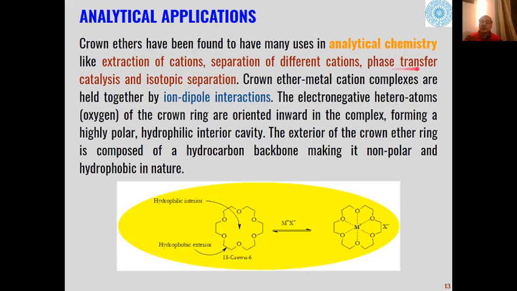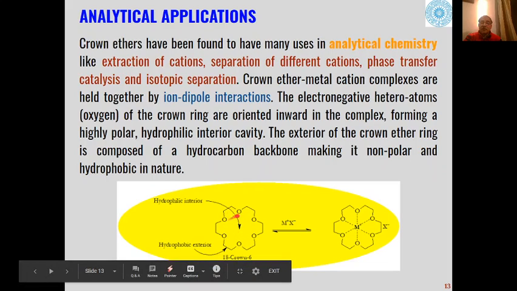Then as we have seen, these are also used in phase transfer catalysis, and isotopic separation also. When they are used in analytical chemistry, they form metal cation complexes which are held by ion-dipole interactions.